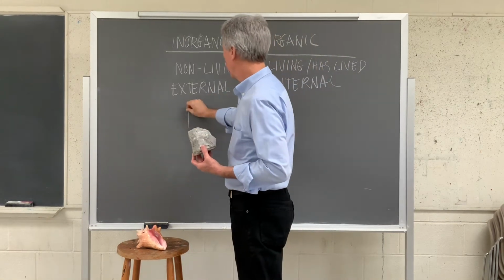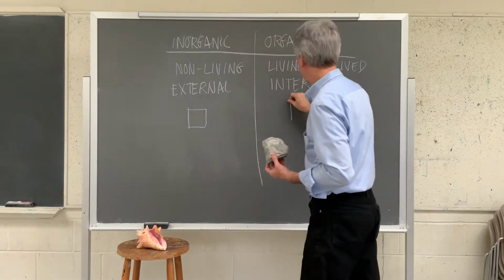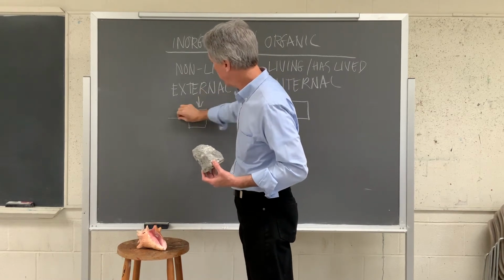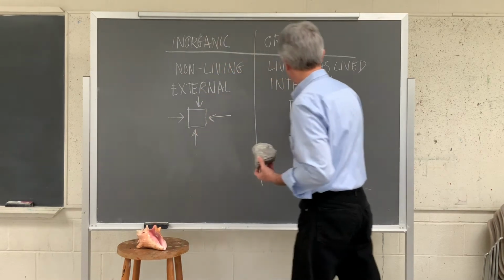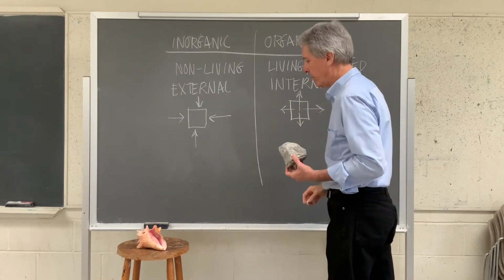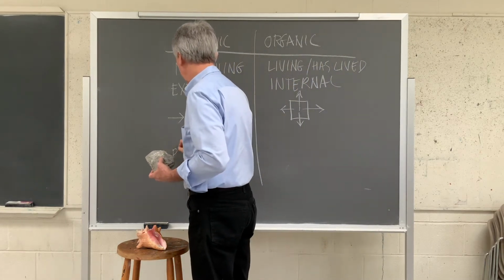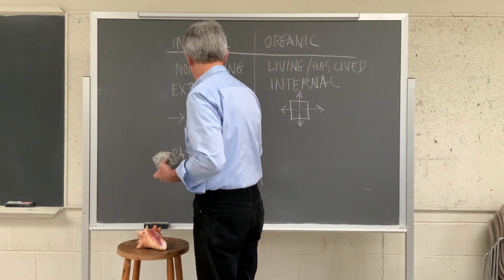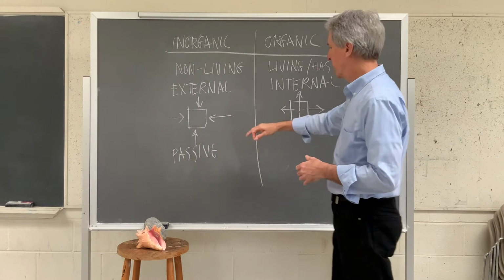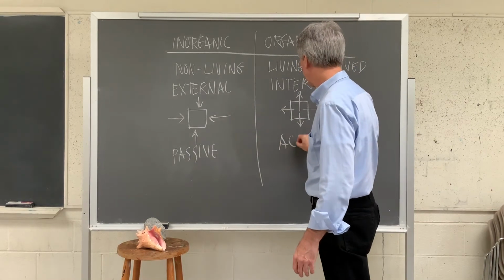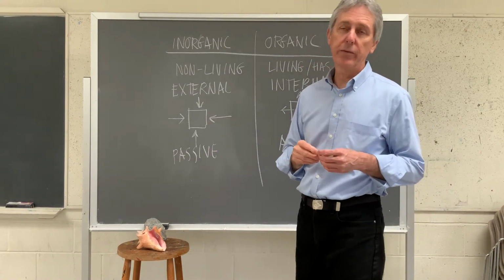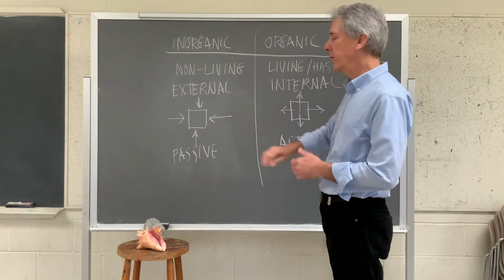And if we draw a picture, sort of a schematic, we would say that the shape is the result of external forces, and the conch is a result of internal forces that grew out. This would be also passive. In other words, it doesn't act on its own. It just receives external forces, but this is active. There's one other really important thing, this is probably the most important thing, and it's related to these.